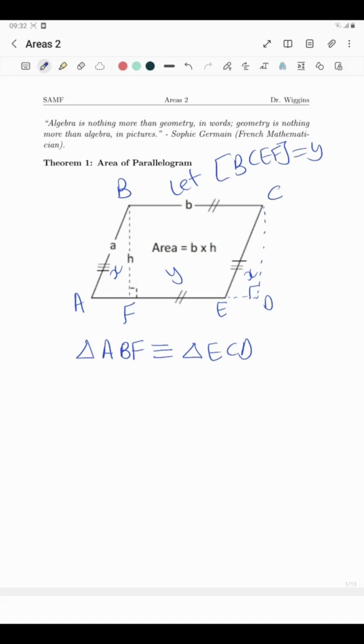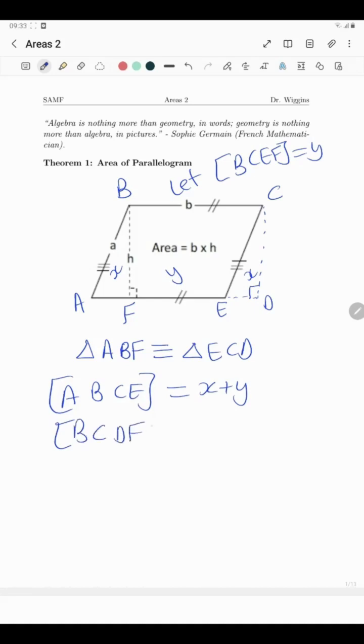Great. So let's have a look at our diagram. So parallelogram ABCE in terms of these variables will be triangle ABF and quadrilateral BFEC, and clearly you can see that is X plus Y. Now have a look at quadrilateral BCDF.